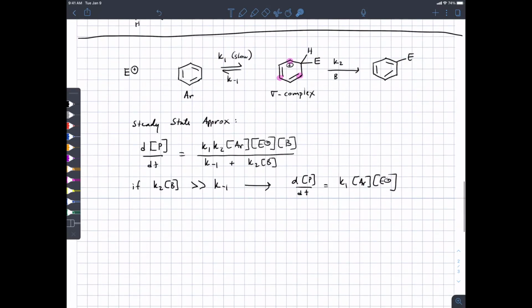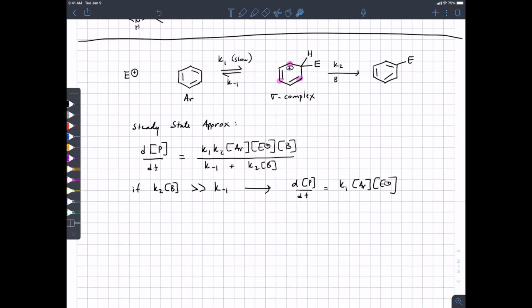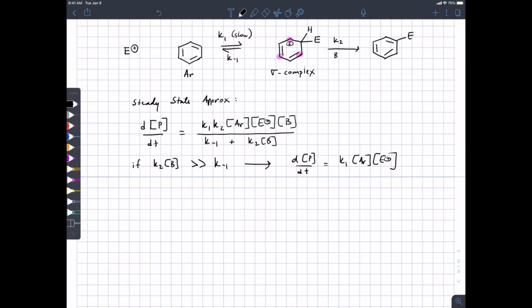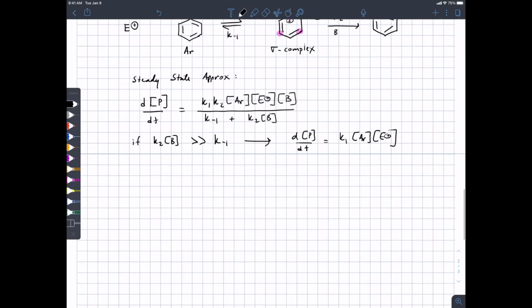In addition to the idea of a sigma complex, there's some evidence that there's a step between starting materials and the sigma complex, and that is that there might be loose coordination between the arene and the electrophile.